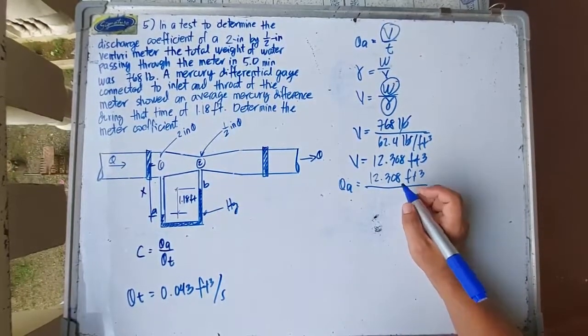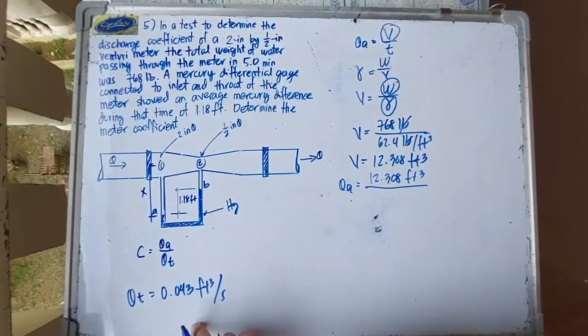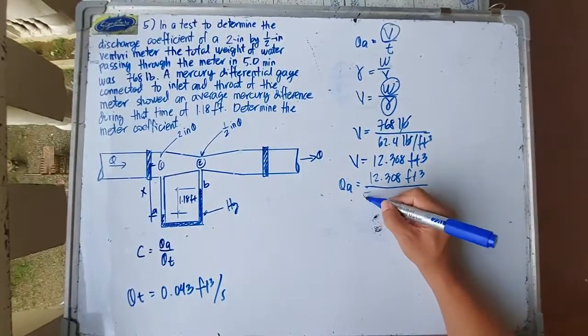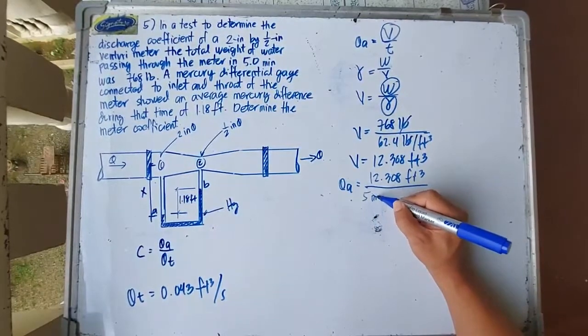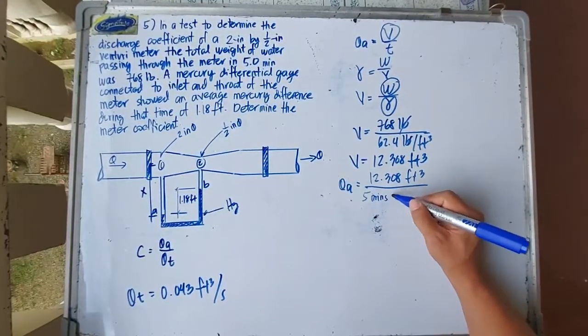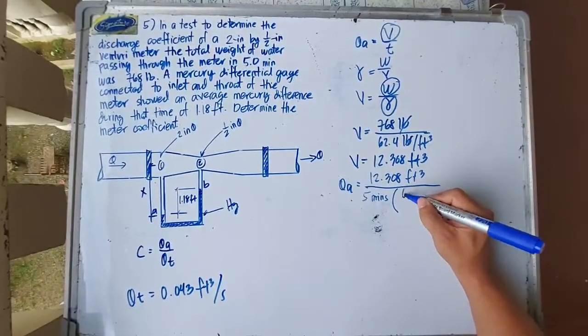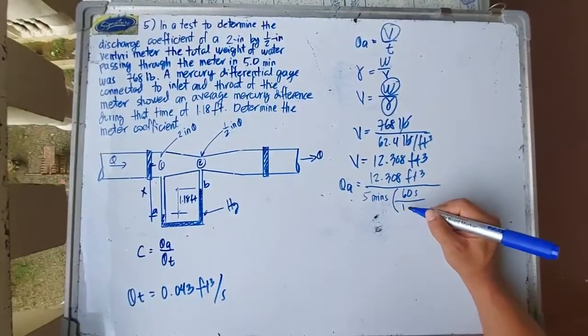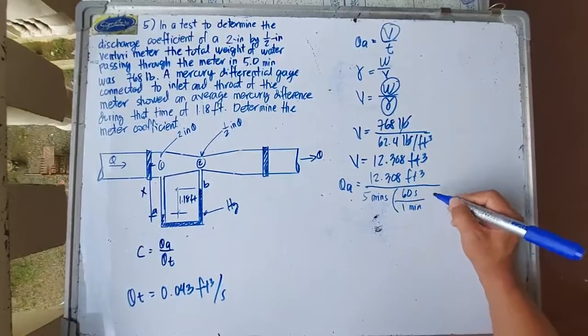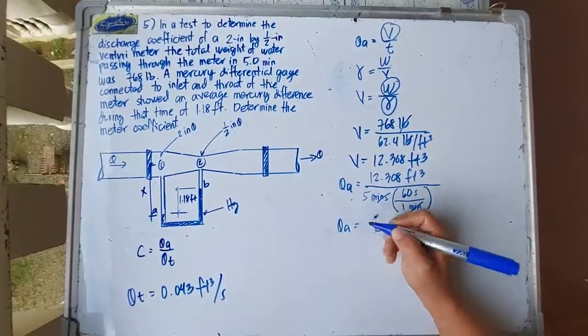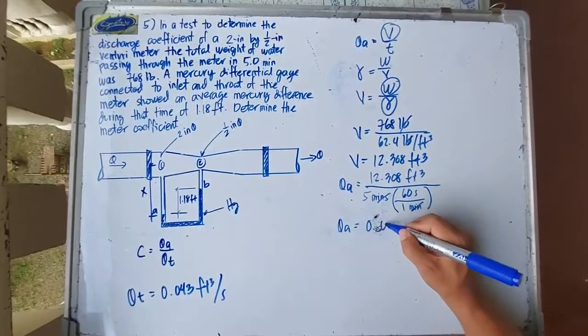Let's convert into seconds to be consistent with the theoretical discharge. How many seconds in 1 minute? 60 seconds in 1 minute. So the actual discharge is 0.041 cubic feet per second.